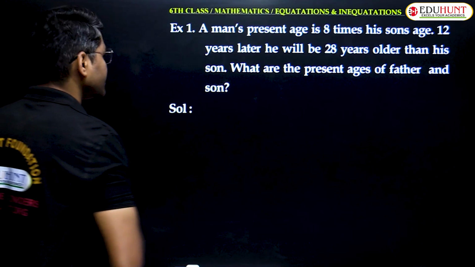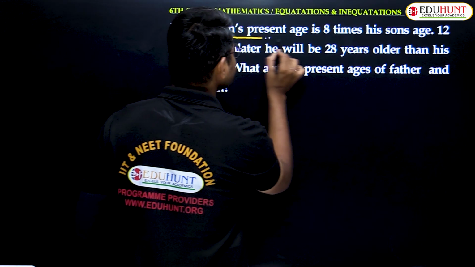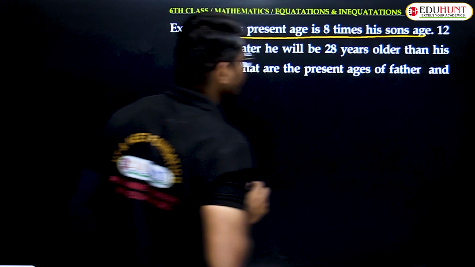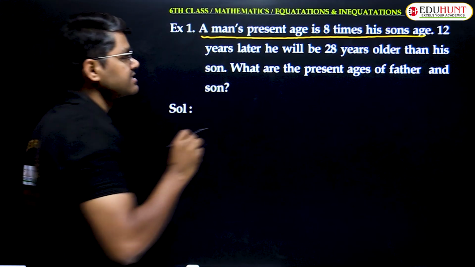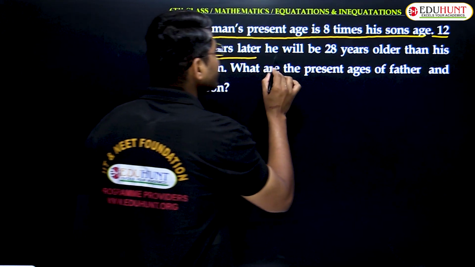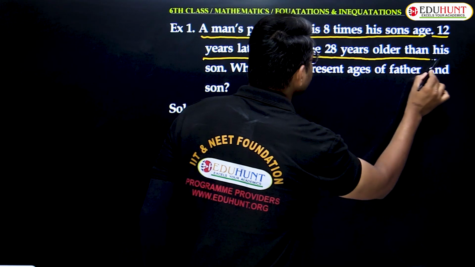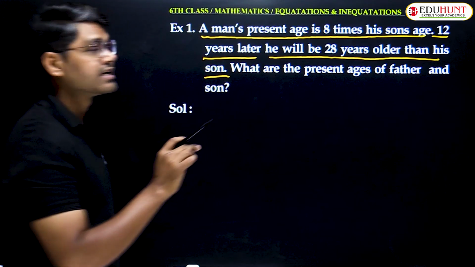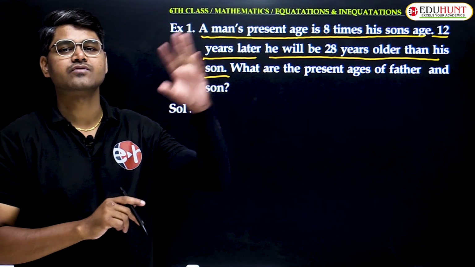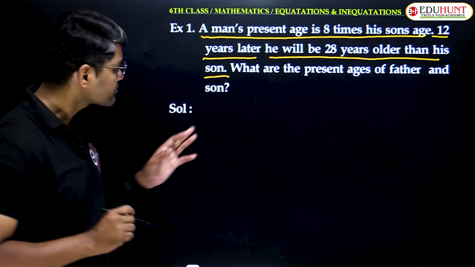The very first condition is man's present age is 8 times his son's age. And the second condition is 12 years later, he will be 28 years older than his son. By using these two conditions, we can solve this question.